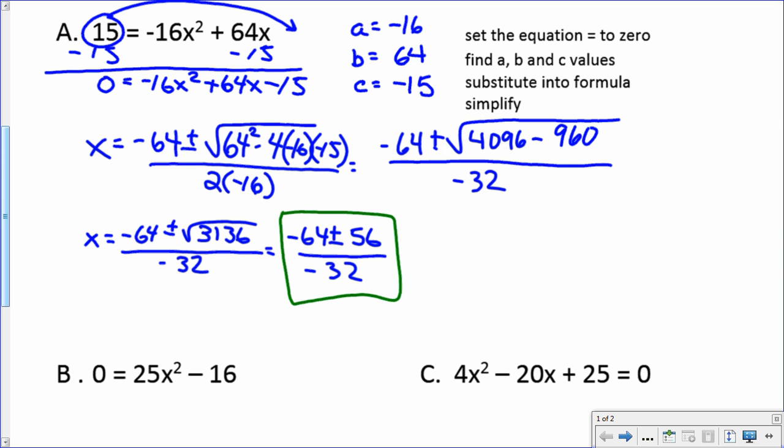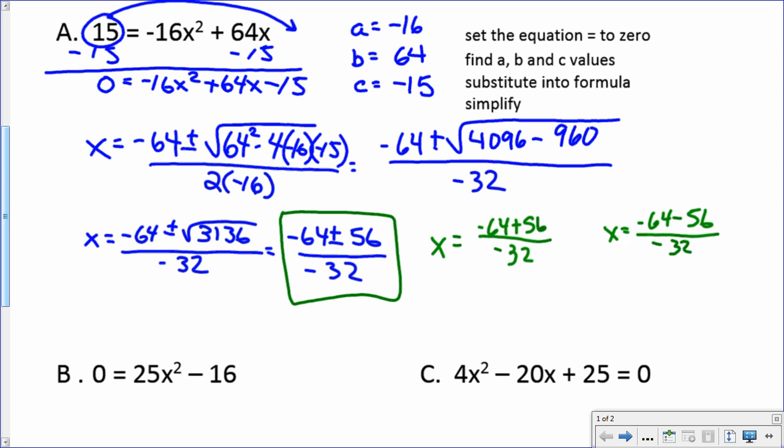That's where this plus or minus comes in handy. So you're going to have x equals negative 64 plus 56 over negative 32, and negative 64 minus 56 over negative 32. Remember, when we factored binomials before, we sometimes ended up with two x-intercepts, or two solutions. So that's how we get the two solutions here.